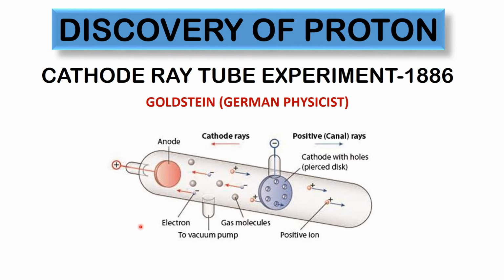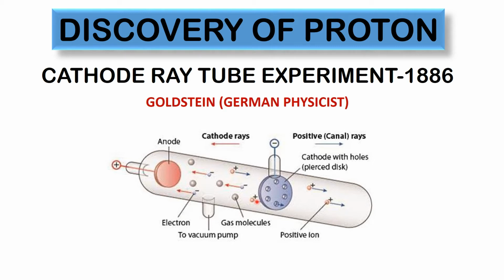He took a glass tube, that is the discharge tube, having two metallic plates, the two electrodes connected to the positive and the negative terminals of the battery. The tube was again filled with a gas and it was evacuated so that the pressure inside is very low. The electrodes were connected to a battery with a very high voltage, about 10,000 volts.